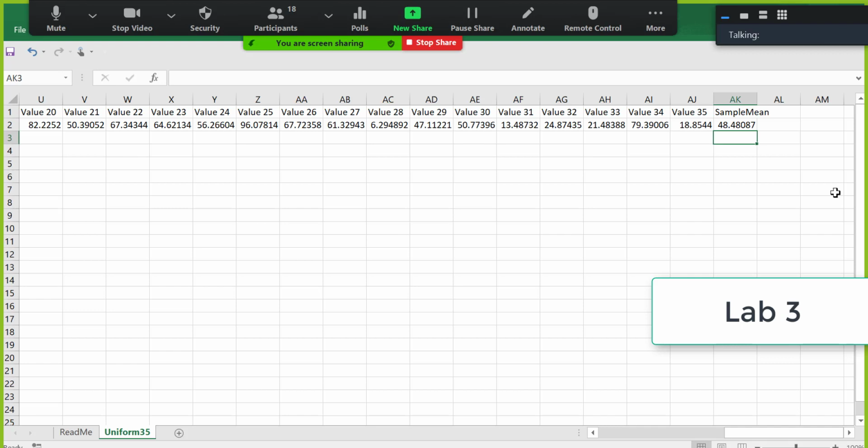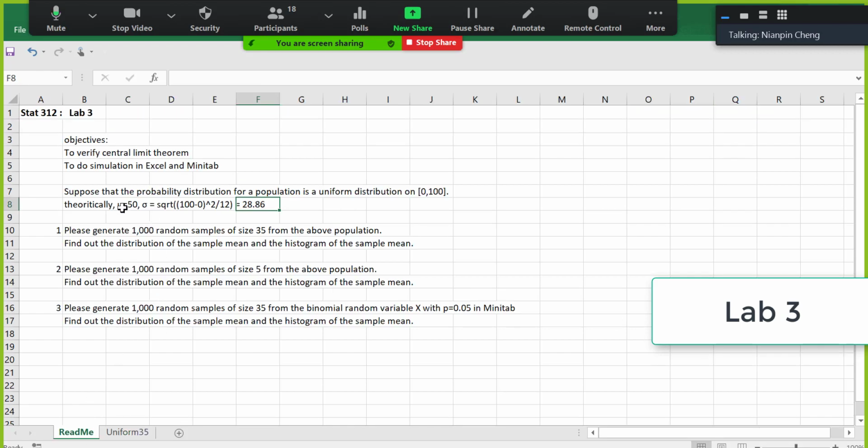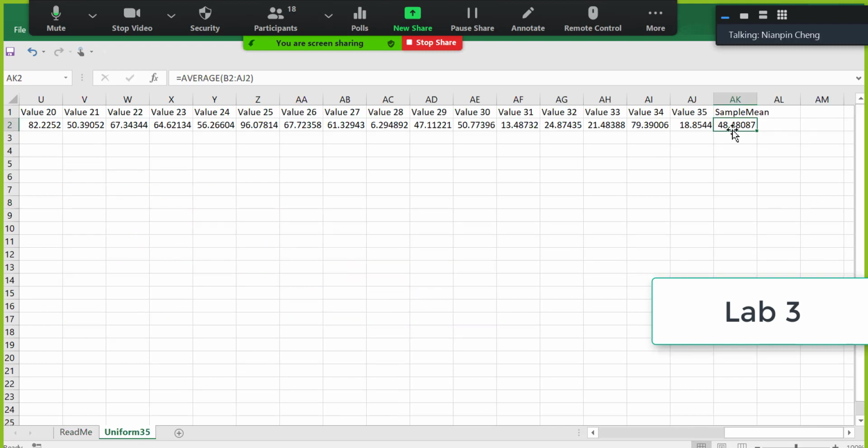So we have the sample mean. We also call this sample mean a statistic, right? We'd like to see whether there is any relationship between this sample mean and the true population mean. We already know mu equals 50. The first one, the average of these 35 values, is 48. It's quite close to 50.